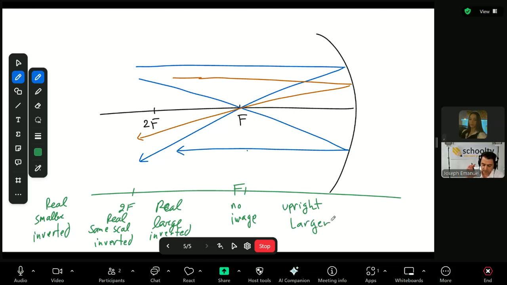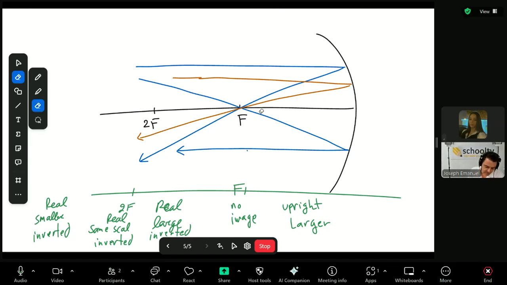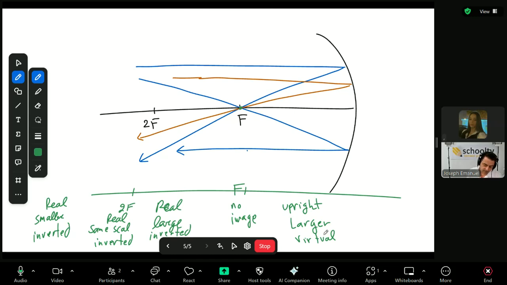With the same eye, you can see more information. The last thing here is that between F and the mirror, the image is not real, it is virtual. The definition of real and virtual is: real is after the arrows meet, and virtual is before the arrows meet. This is the difference between real and virtual.